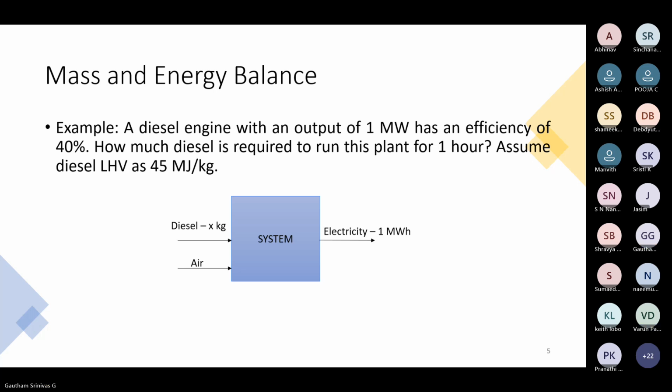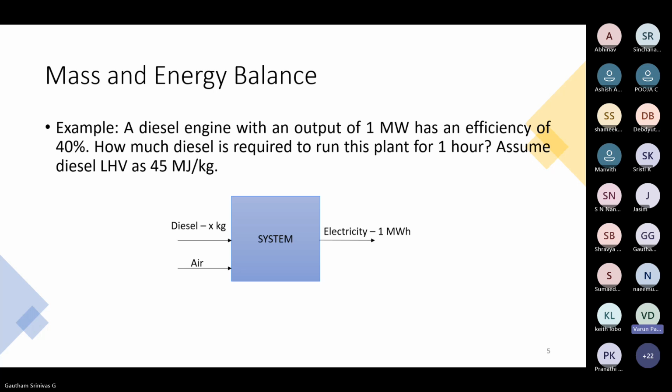You told me 45 megajoule of energy is released by 1 kg of diesel. But out of the 45, only 40% gets converted into electricity. That's exactly what I'm asking.